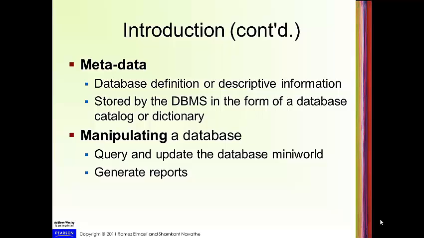You might see this referred to as the database catalog or the database dictionary, but metadata is defined as data about data. And it provides information about how the database is defined, and it provides descriptive information about things such as tables, rows, and columns in a database. A DBMS also allows us to enable end users to manipulate the data in a database.